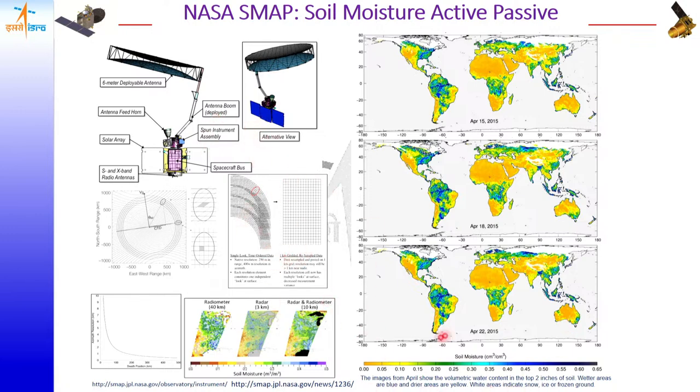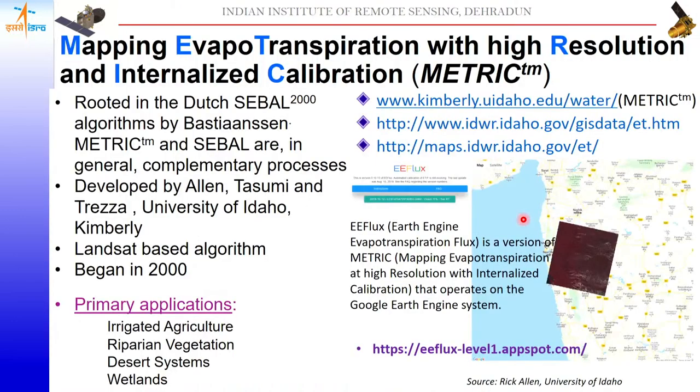And now, due to some malfunction in the radar, they are filling the gap with Sentinel-1 C-band data to give users a continuous time series of soil moisture. And by using some land surface models, this soil moisture data can also be converted into root zone soil moisture, which is given as a level 3 and level 4 product from these space agencies.